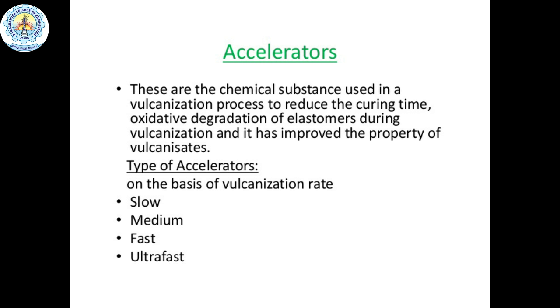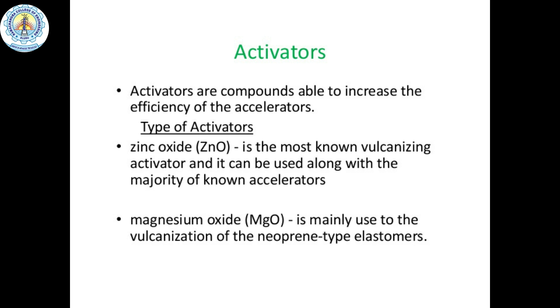Coming to the accelerators, usually these are chemical substances used in the vulcanization process to reduce the curing time and the oxidation degradation of elastomers during vulcanization, and to improve the properties of vulcanizates. These are the types of accelerators: slow, medium, fast and ultra fast. Coming to the activators.